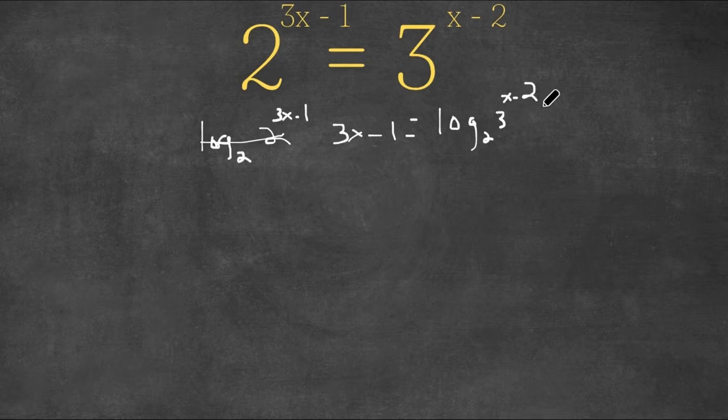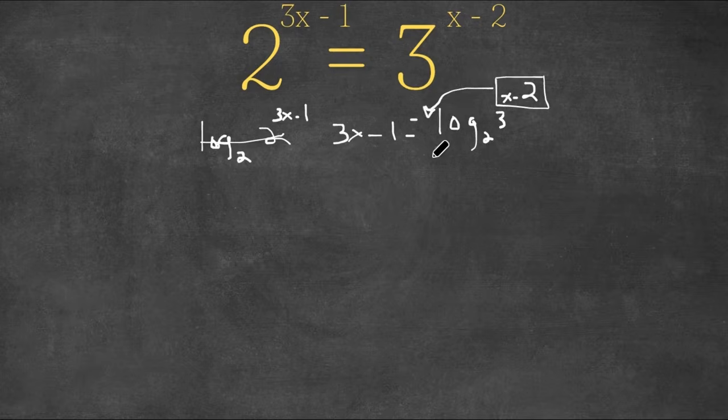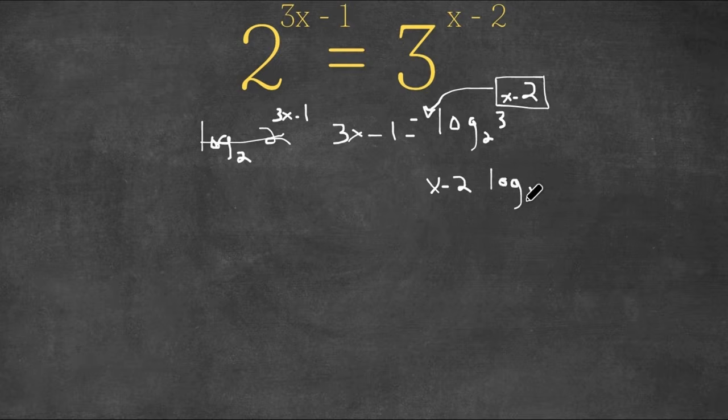And that states that if we have a power here, we could go ahead and move this in front of the logarithm. So this would be x minus 2 times log subscript 2 of 3.